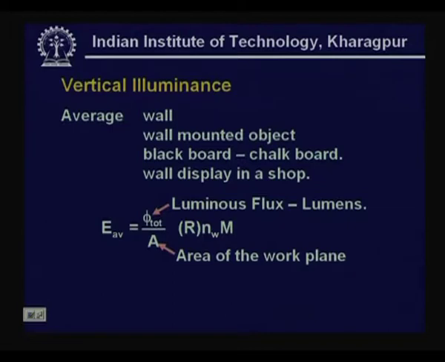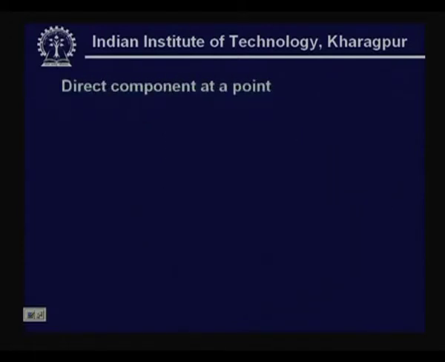This is again specified in terms of the luminous flux phi total that is available, and the NW specified here is essentially the utilization factor, M is the maintenance factor. RNW is so specified to distinguish it from the horizontal illuminance which we considered earlier. This is as per the CIE norms.